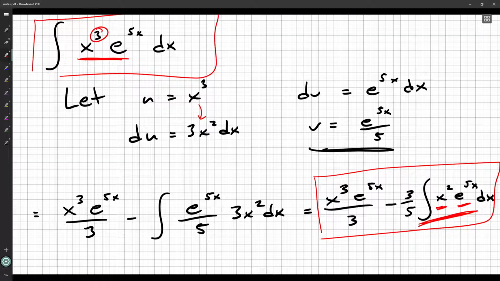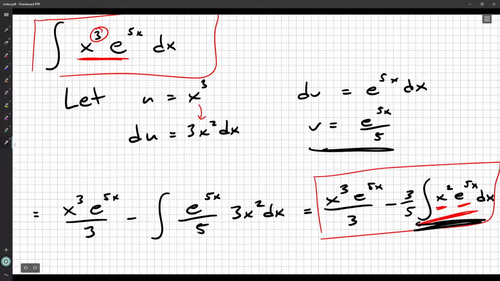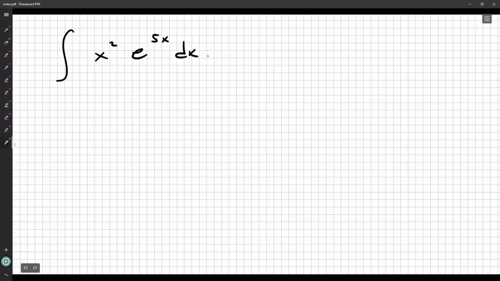So that's the plan. I need to know how to integrate x squared e to the 5x. We'll work this out and then plug it back in here, because we don't want to be dragging around this whole expression and the minus 3/5 and everything. So we'll just look at it separately.